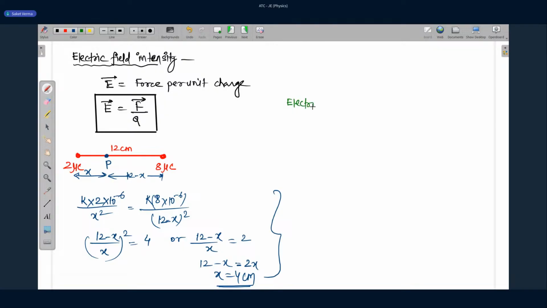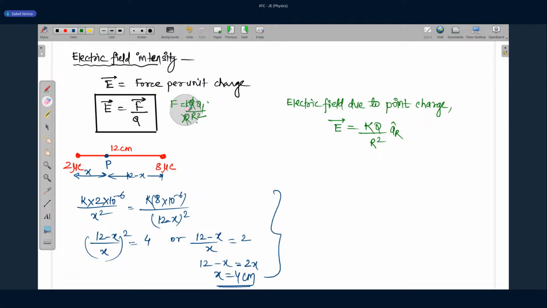Electric field due to a point charge, E is equal to K Q divided by R square, and R vector if you want to write it in vector form. Here I have divided by q because the force will be k q into q1 divided by r square, so the q will get cancelled. In the denominator we have q, so q and q cancel, and we get kq by r square.